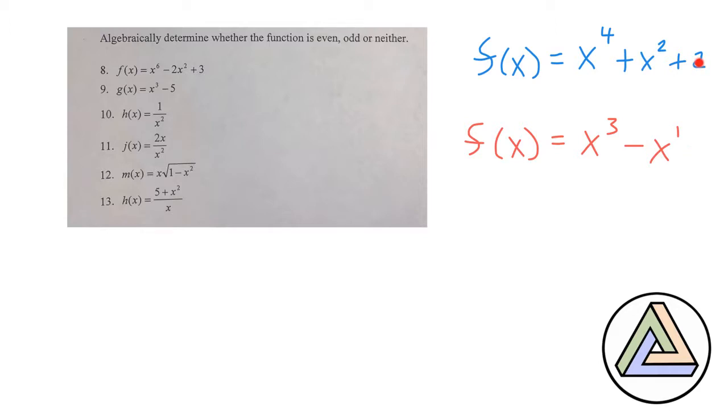If there's a constant, then it's not odd. But if it's a function that has no constants and all of the exponents hovering above the x's are odd, then it's odd. So if there was a -7 attached to this whole thing, guess what? It wouldn't be odd. All right, so that's a nice rule of thumb for quickly discovering whether or not functions are even or odd.